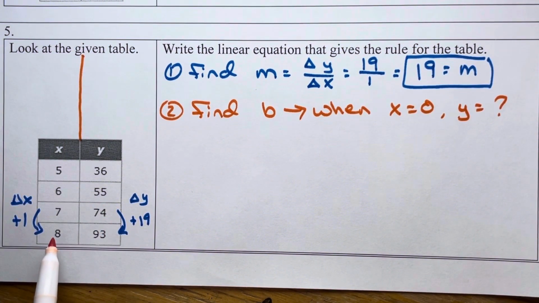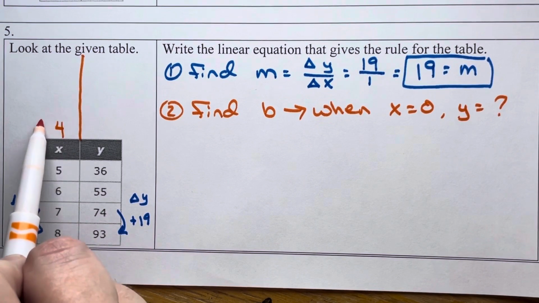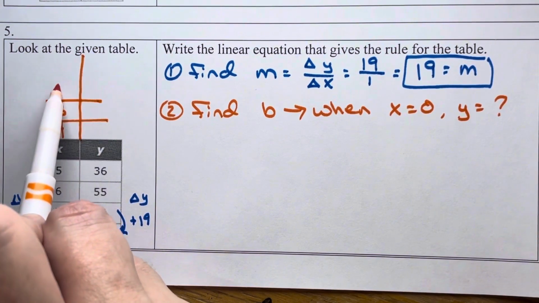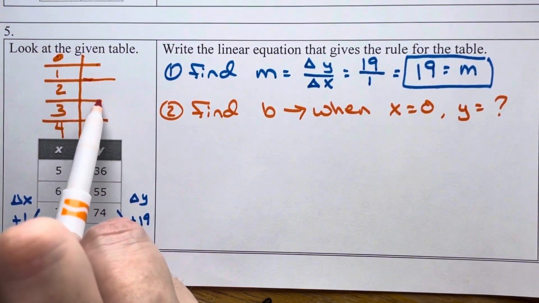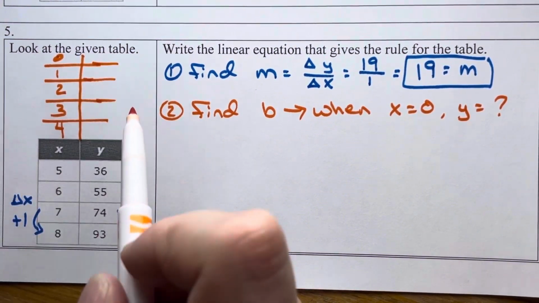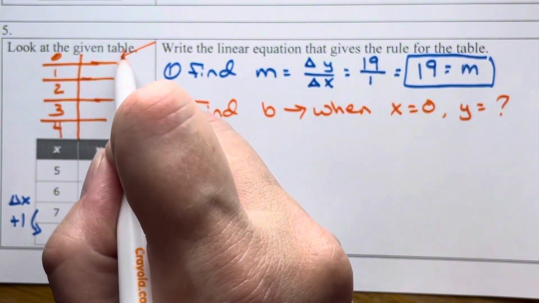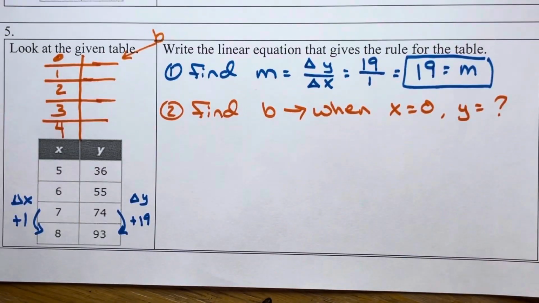So let's see how it works. 8, 7, 6, 5, 4, 3, 2, 1, 0. All right, we've walked it back to 0 on the x side. That's exactly where we need to go, as its corresponding y value will be the b, the y-intercept.